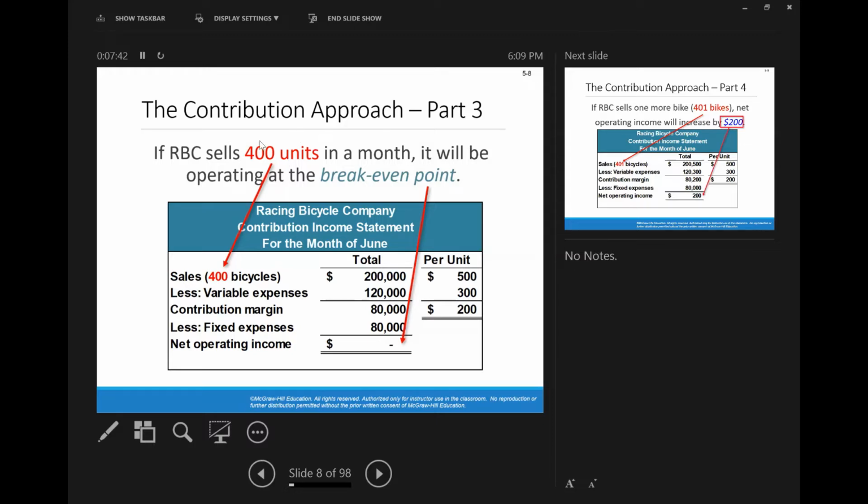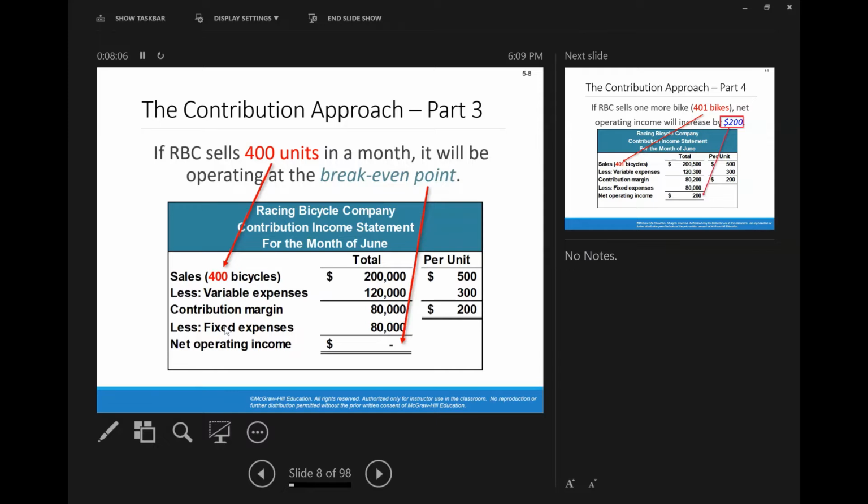Okay. If they sell 400 units in a month, they will be operating at the break-even point. So we need to figure out, if the fixed cost is 80,000, what is going to be the break-even point? In this example, if it was 400 bicycles, you would take the 400 times the 500 each, you would get 200,000.